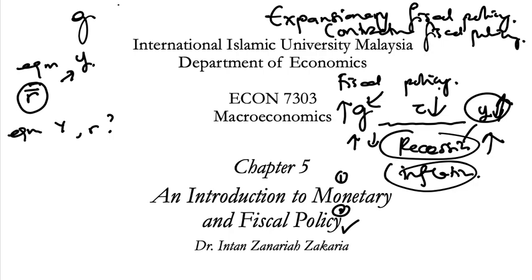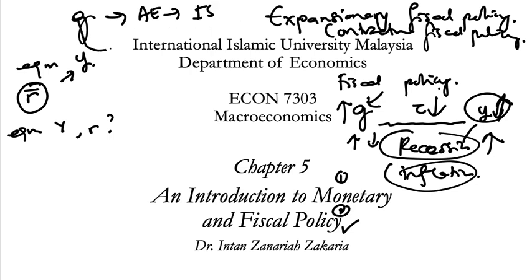Government spending, you must remember, is a direct component of aggregate expenditure. Now, from aggregate expenditure, I did use the leakage injection approach, or you can also use the aggregate expenditure approach to derive the IS curve.